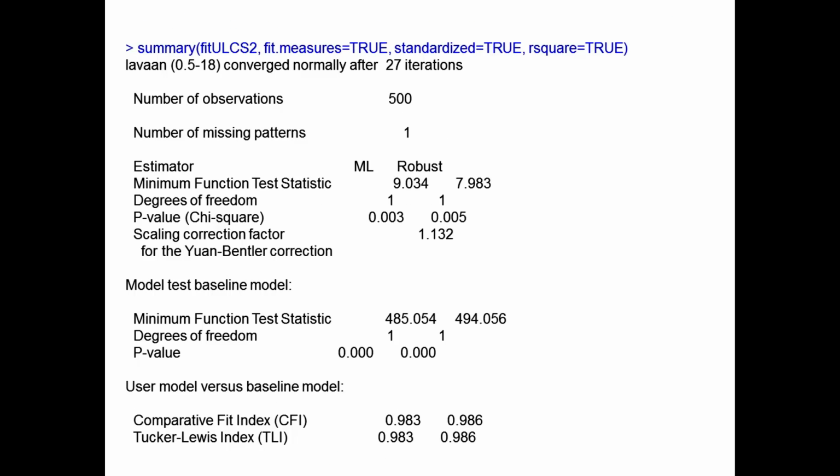Going through the important things for looking at model fit, the first is the chi-square test. What that is doing is comparing the observed data to the model that you've specified and asking, is there a difference between the two? If there's a difference, that's bad, because that means our model isn't a good fit to the data.